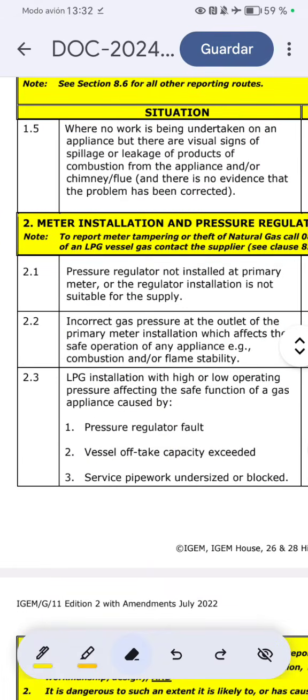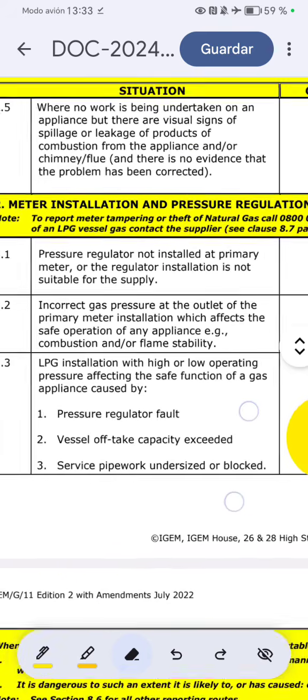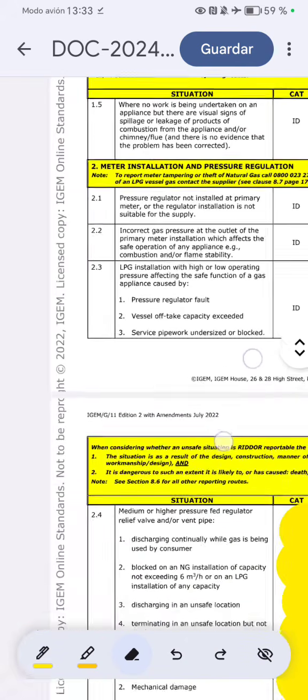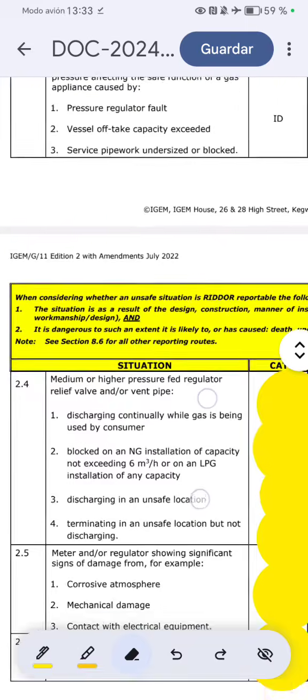LPG installation with high or low operating pressure affecting the safe function of a gas appliance caused by 1. Pressure regulator fault. 2. Vessel off-take capacity exceeded. 3. Service pipework undersized or blocked. I'm going to go with ID on this. Yep, I haven't got any wrong yet. What about you? How many of you got wrong? Put it in the comments below.